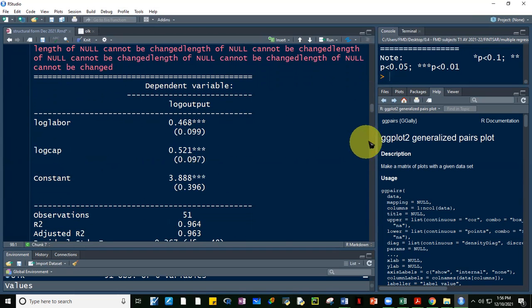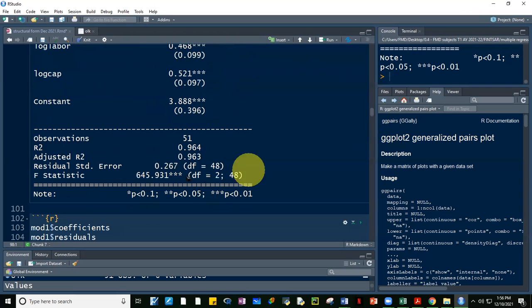Okay, and then the constant. And then sa ilalim yung summary, 51 observations. R squared is 0.964, adjusted R squared is 0.963. Then you have your F statistic, okay, highly significant.